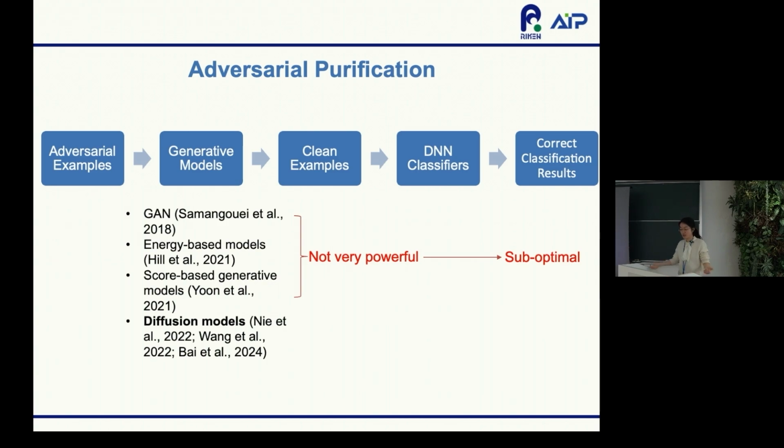But happily, we have diffusion models from 2022 applied for adversarial purification. It means we can successfully generate clean images which are high in fidelity and also correctly classified by deep learning classifiers for their true semantic label. And then our discussion will start from the diffusion models scope. Any questions, comments? No? Okay.